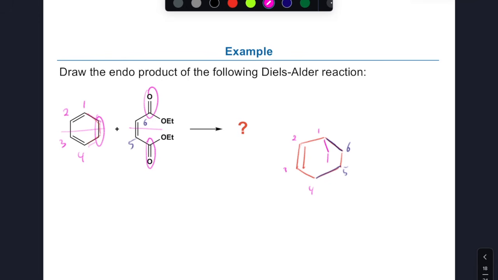So in the flat plane, it's going to look something like this, where there's kind of a bridge over the top. So this gets a little bit hard to draw in 2D. So what I'm going to do is draw it in the sort of norbornene-like cycle. That means what I'm actually going to draw this as is this. This is kind of the geometry we were showing before.